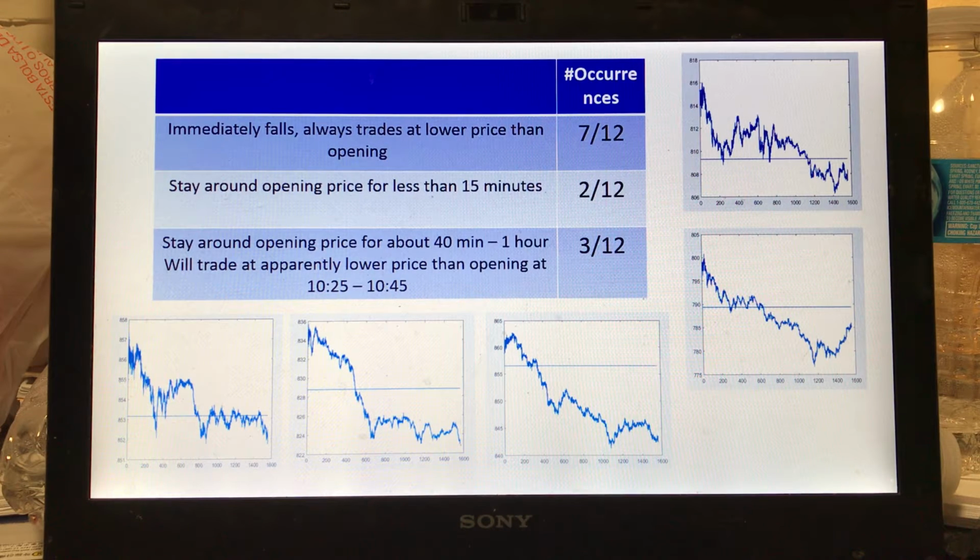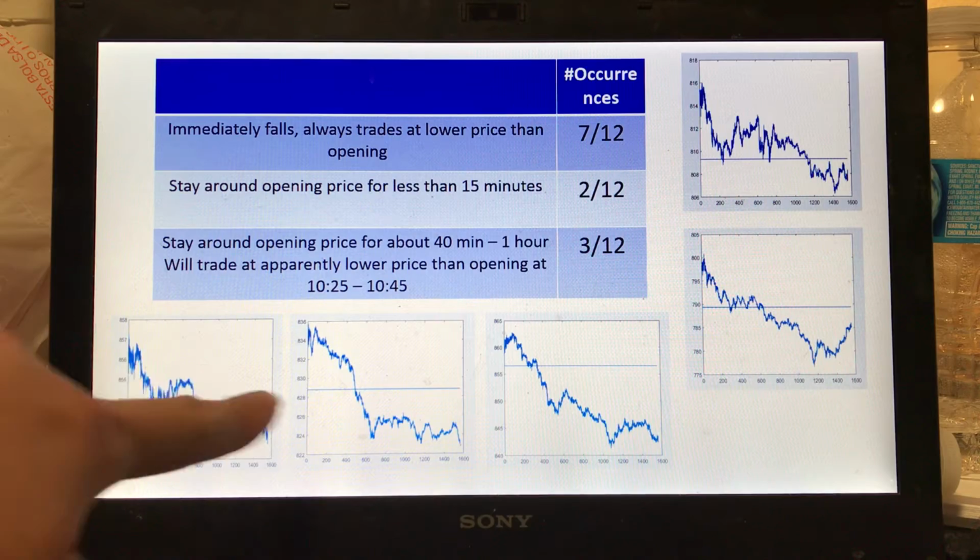So during these 12 cases, there are 7 cases that the stock immediately falls, and the stock always trades at a lower price than the opening price. And there are 2 cases that the stock stays around the opening price for less than 15 minutes.